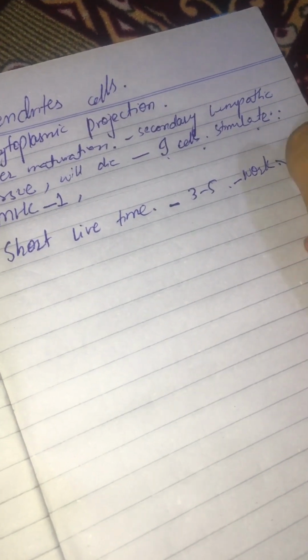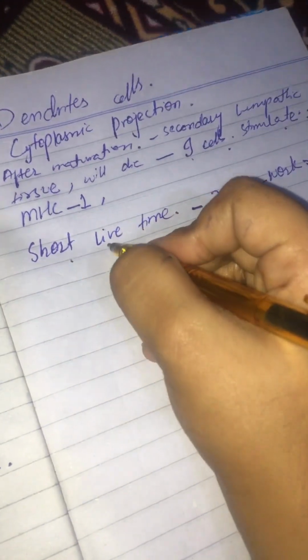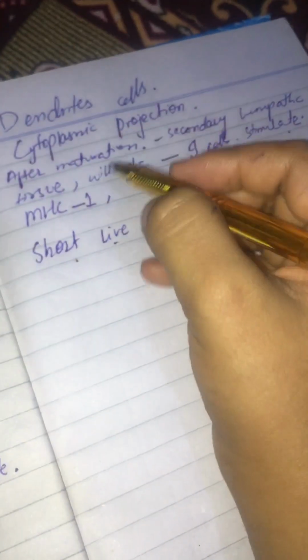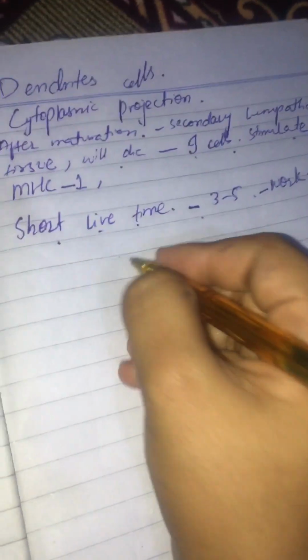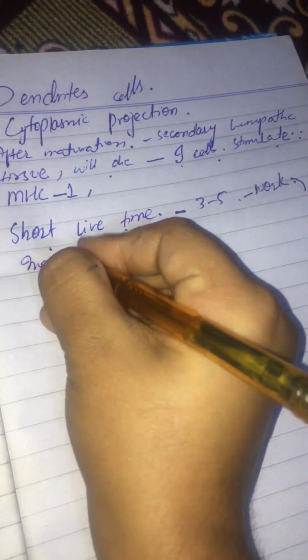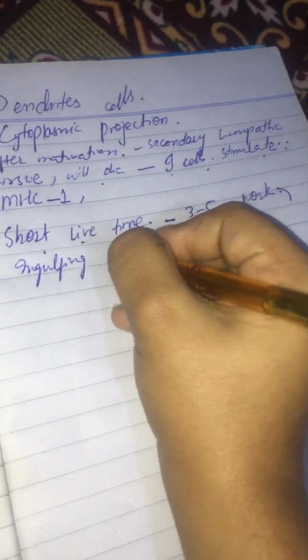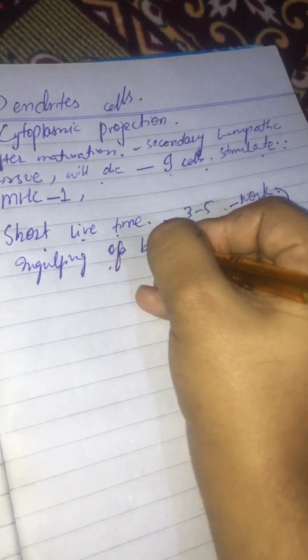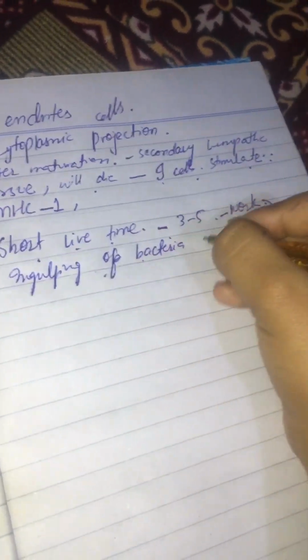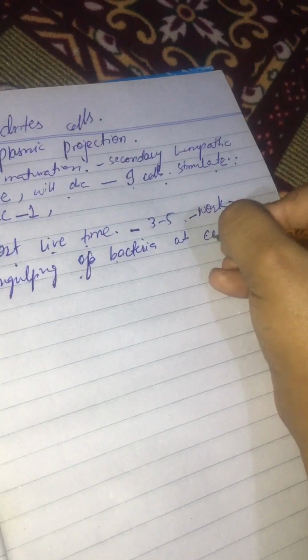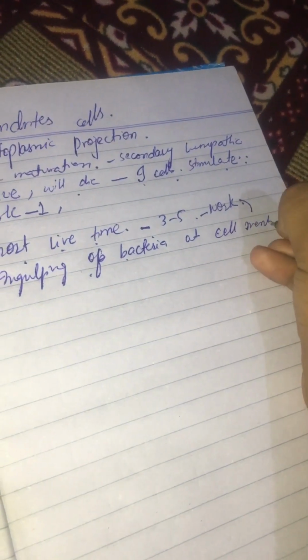As with the previous macrophagocytes, the function of dendritic cells is still the same: engulfing bacteria at the cell membrane.